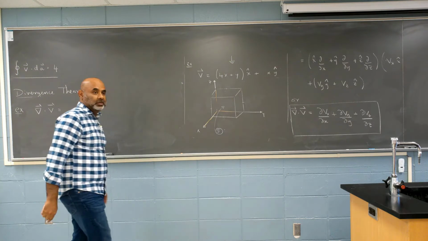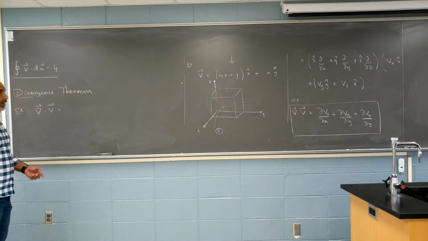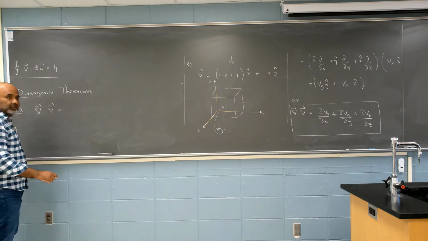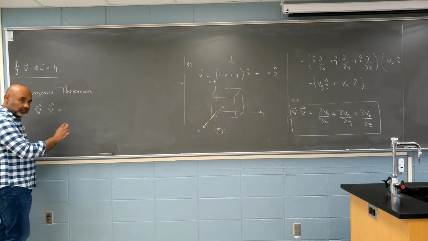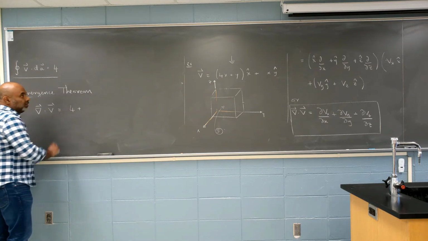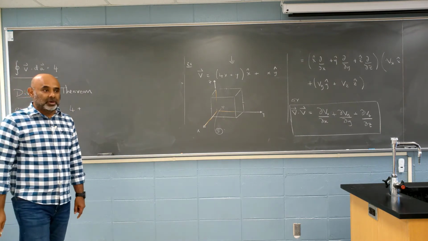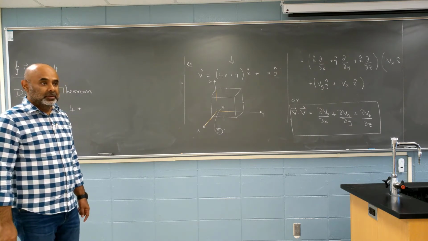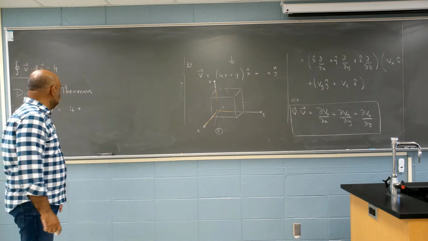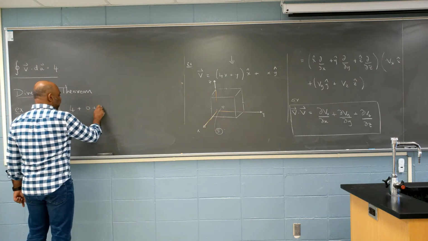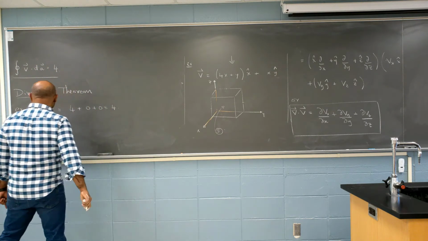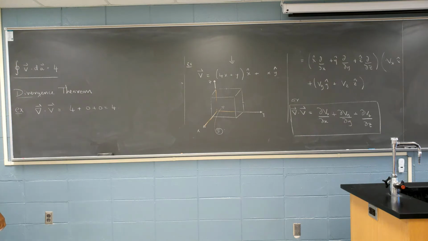What is the divergence? Take the x component and take the partial derivative with respect to x. What do you get? 4, plus take the y component and take the partial derivative with respect to y. 0. Well, this couldn't be easier, right?